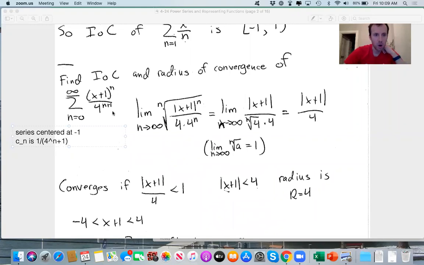So the coefficient that just has n in it, that's this Cn. That's the coefficient, and it changes depending on which term you're looking at. The x plus 1 to the n, that's what makes it a power series. And the formula for power series is x minus something. Here, because we're adding, we're really subtracting a negative, and that -1 is the center.